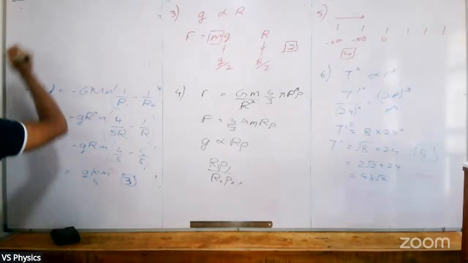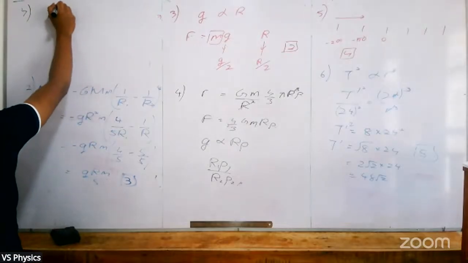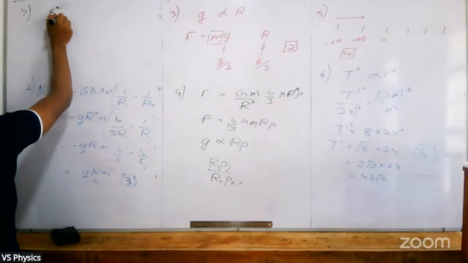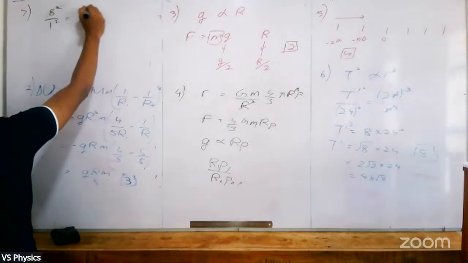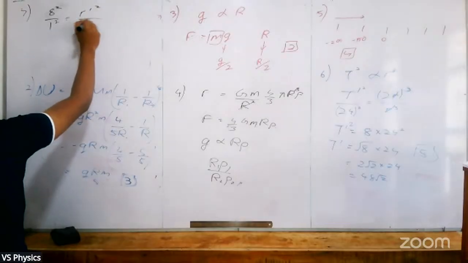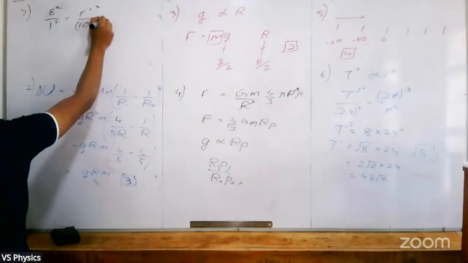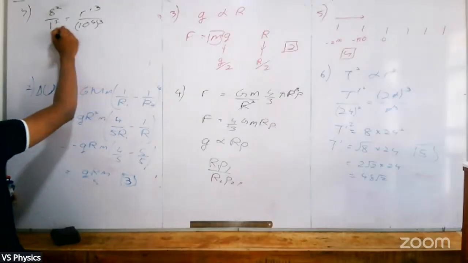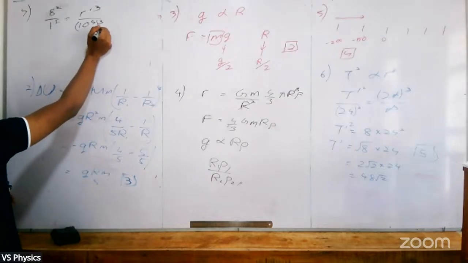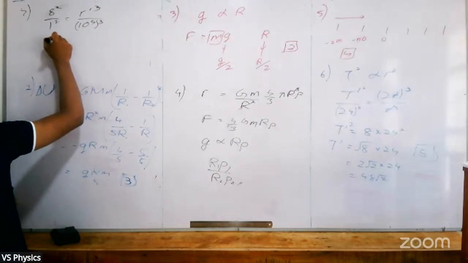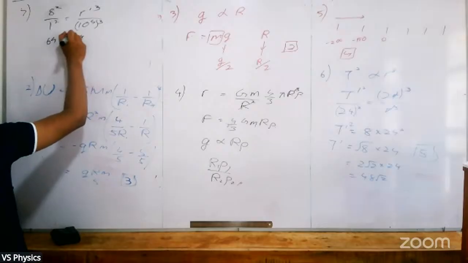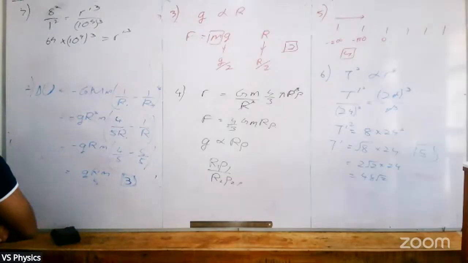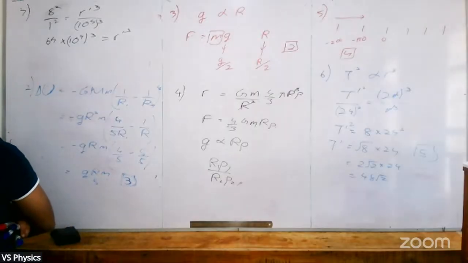Seventh one. 8 squared divided by 1 squared is equal to r dash cubed divided by 10 to the power 4 cubed. Then we can say 8 squared is 64 times 10 to the power 4 cubed is equal to r dash cubed.